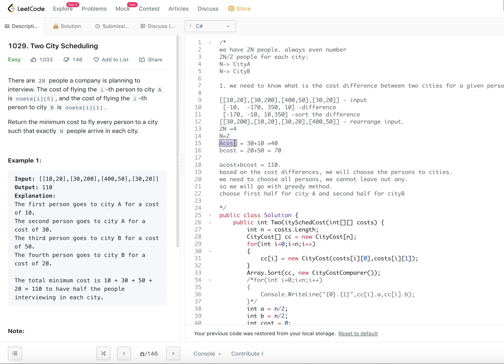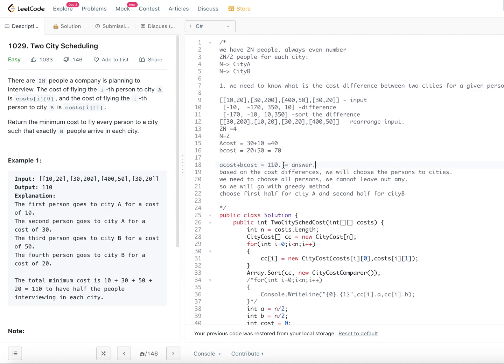The A cost is always the 0th element, that is 30 plus 10, and B cost is always the first element, as given in the description, that is 20 plus 50. So that's how we get the A cost and B cost, and adding A cost and B cost is our answer.